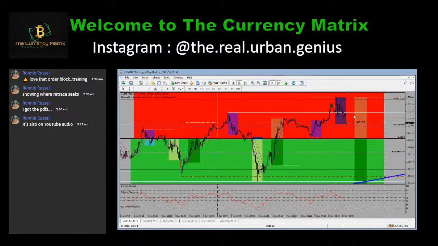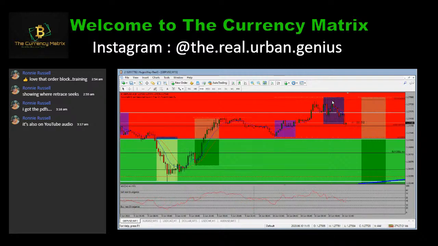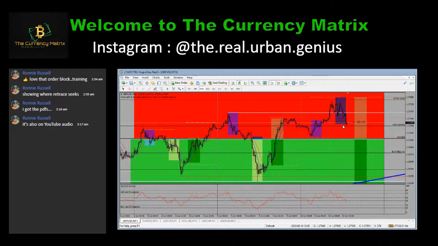Now, using these to your advantage, this current box that we just came out of is London session volume. If you use that to your advantage, looking at yesterday, you can see that this London session volume low is at the high of the Asian session and the high of New York, and it's lower than the high of yesterday's Asian session.